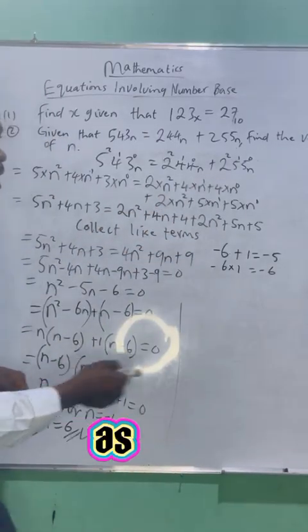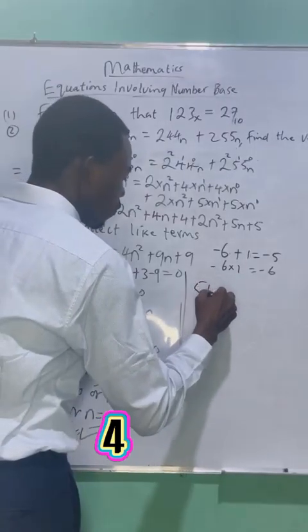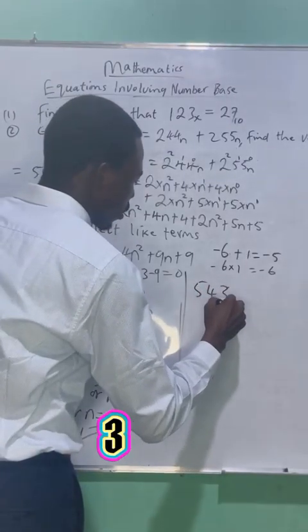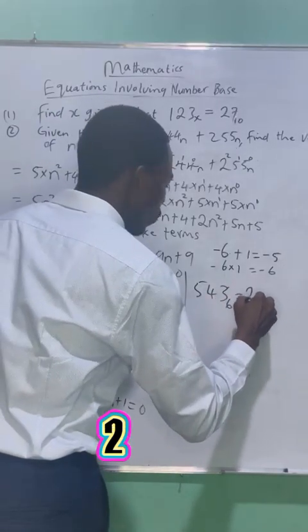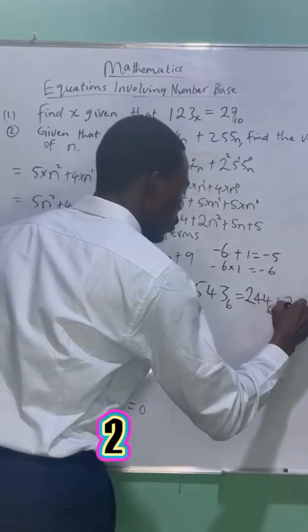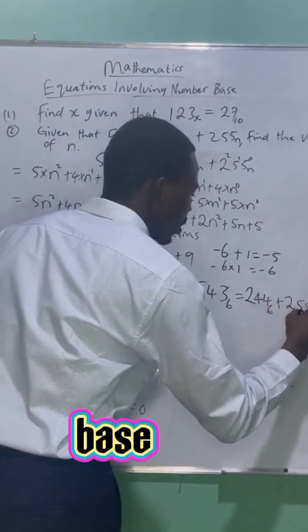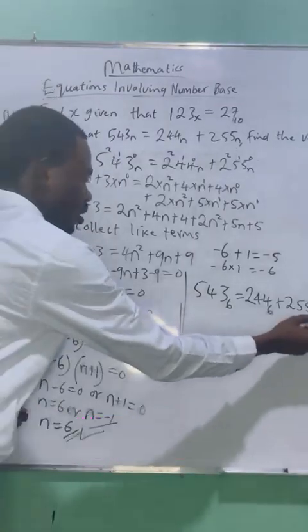So we write it as 543 in base 6 is the same thing as 244 in base 6 plus 255 in base 6. So I believe the question was very interesting.